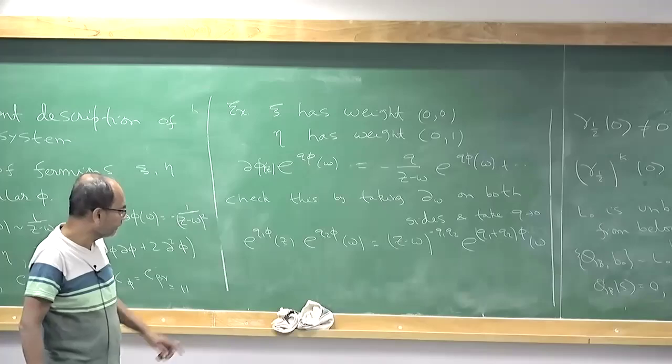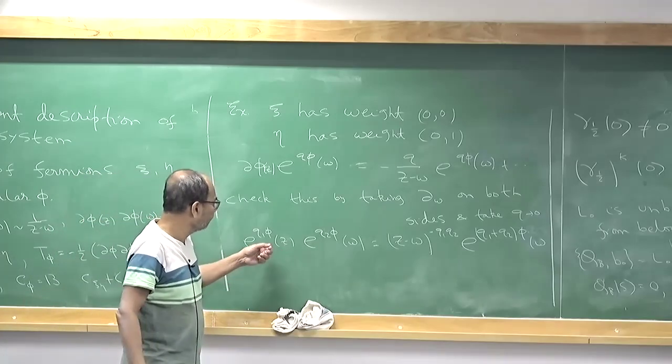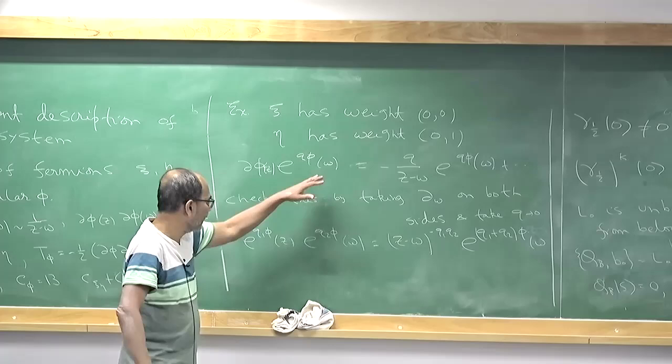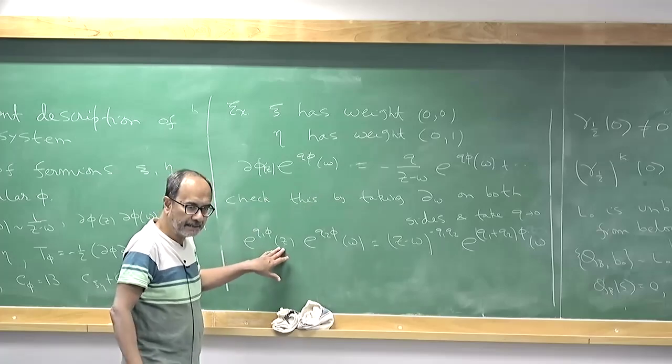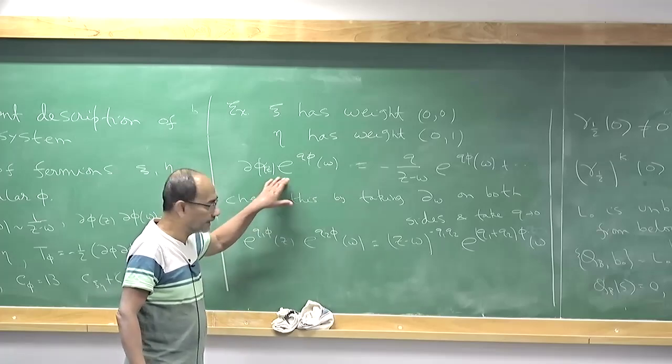Again, to test this, you can just take the derivative. Once you have accepted this, you take the derivative with respect to z and check that it agrees with this.